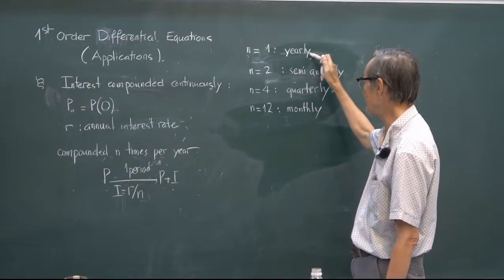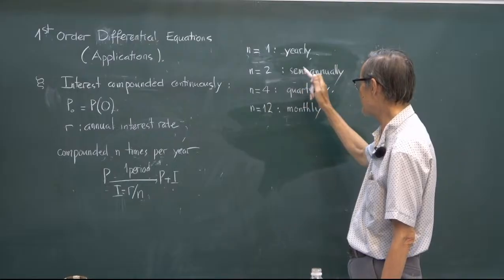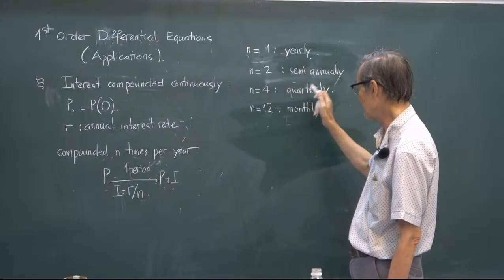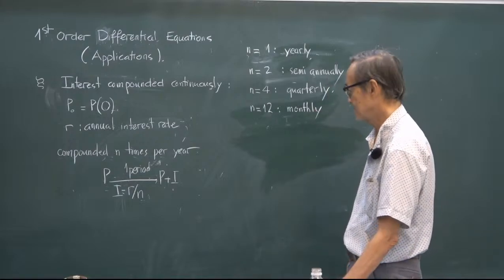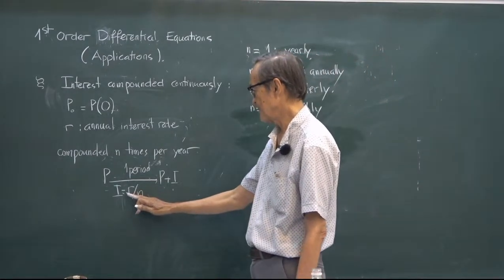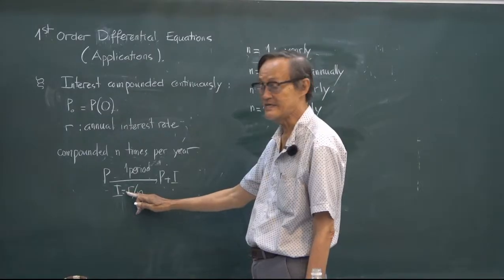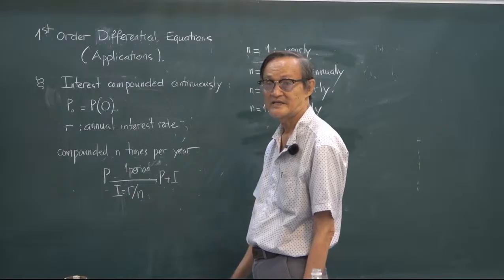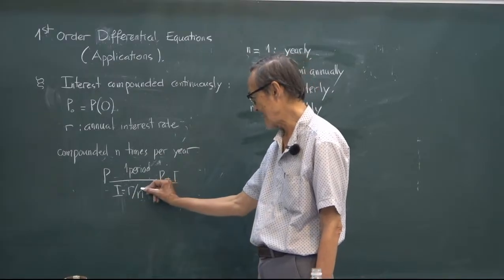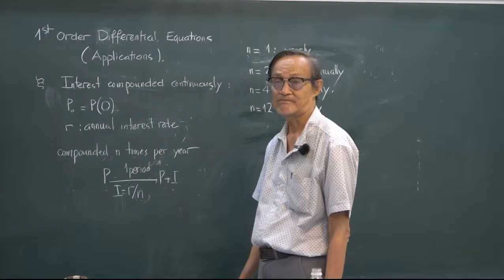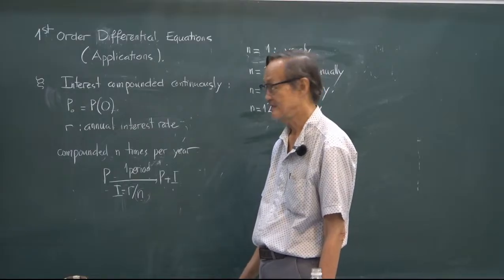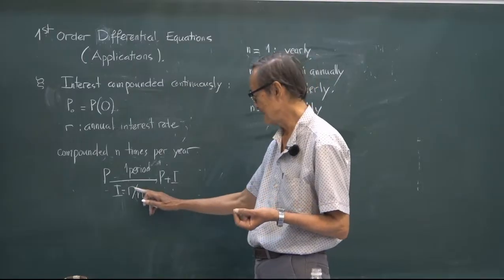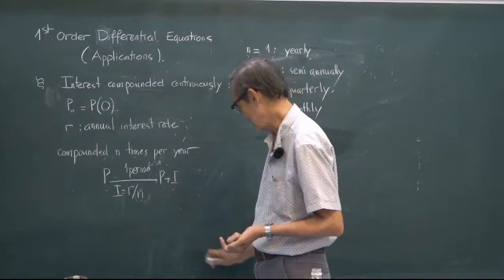Compounded yearly, semi-annually, quarterly, monthly. Nominal interest per year, but in 1 year we have n periods of interest payment. So interest for 1 period is R over N.